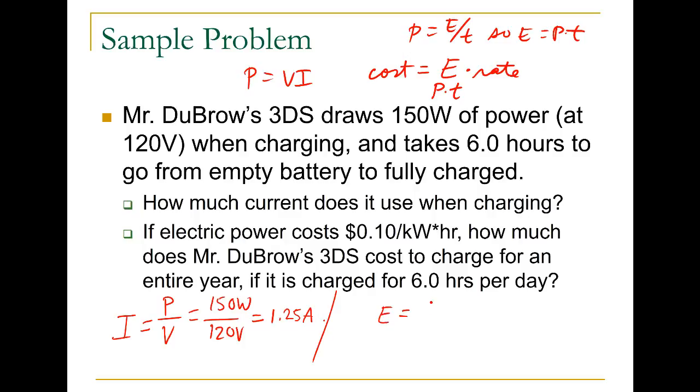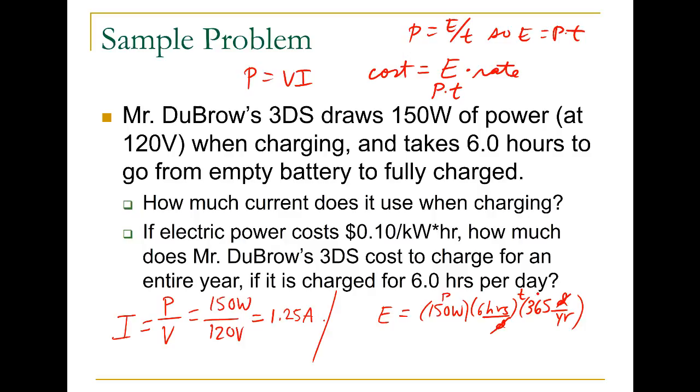Well, it's going to use the power, which is 150 watts, times the time, which is 6 hours per day, and I want to multiply that by 365 days per year. So days will cancel out. And so that's my power, and this is my time.